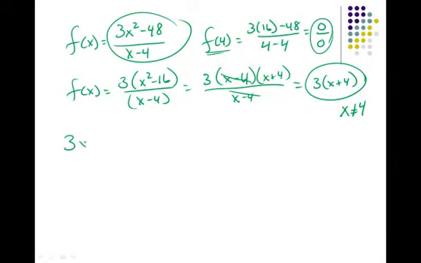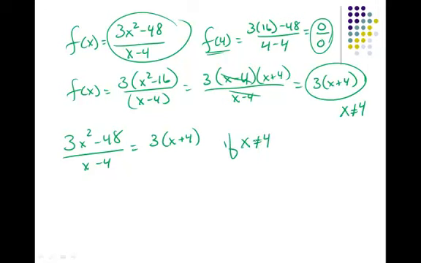So what we're saying is that 3x squared minus 48 over x minus 4 is equal to 3 times x plus 4. We would stop with that in Algebra 1 and 2 and Pre-Cal, but we really need to add the caveat that this is true if x does not equal 4, because you can see that if x equals 4, the first term does not equal the second.